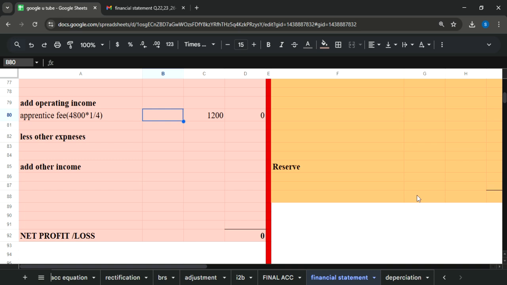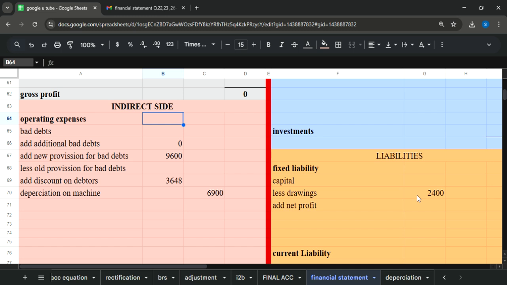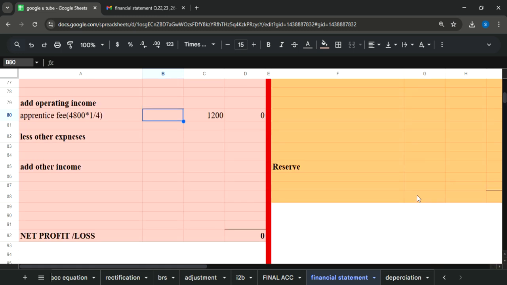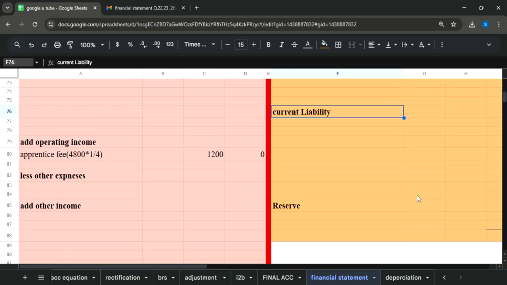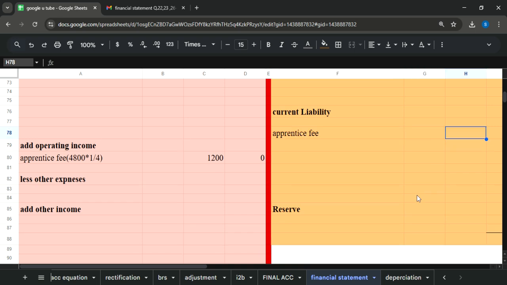So what will happen for the remaining? Since it is income, remaining part we will write on liability side, since that was received in advance. So apprentice fee. How much advance payment would be considered? It's very easy. Out of 4800 related to this year and remaining 3600. How? 3/4 remaining.